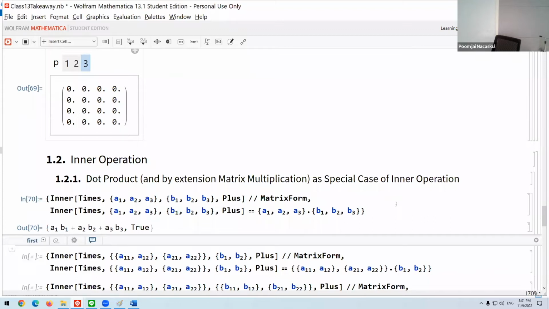An inner operation between this guy and that guy, where times is multiplication and plus is plus. So that's why it's the same thing. I say inner operation times and plus is the same thing as the dot product.